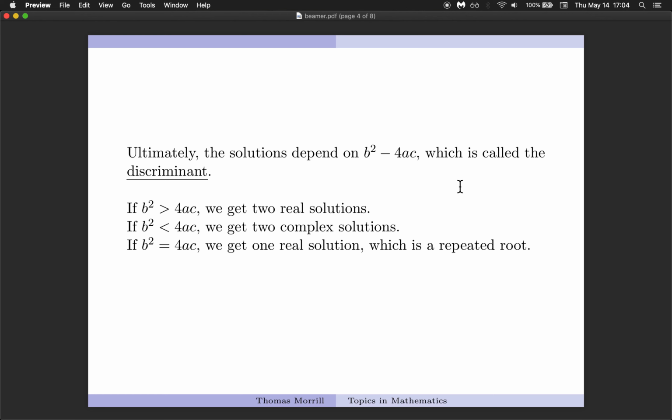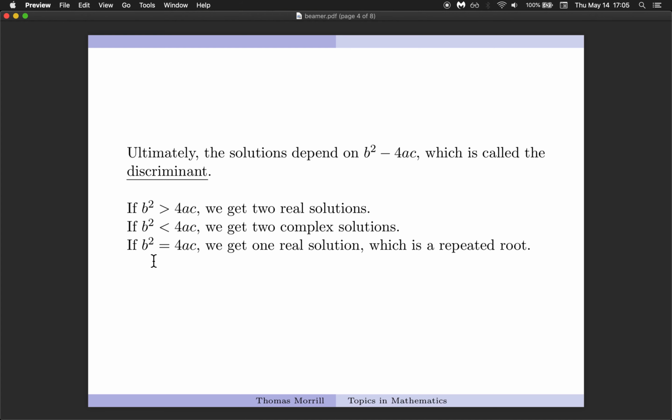I need to square an imaginary number. So if my b squared minus 4ac is negative, I have complex solutions instead of real solutions. And I'll have 2 different possibilities, one for plus the square root and one for minus the square root. I'll have 2 different answers.